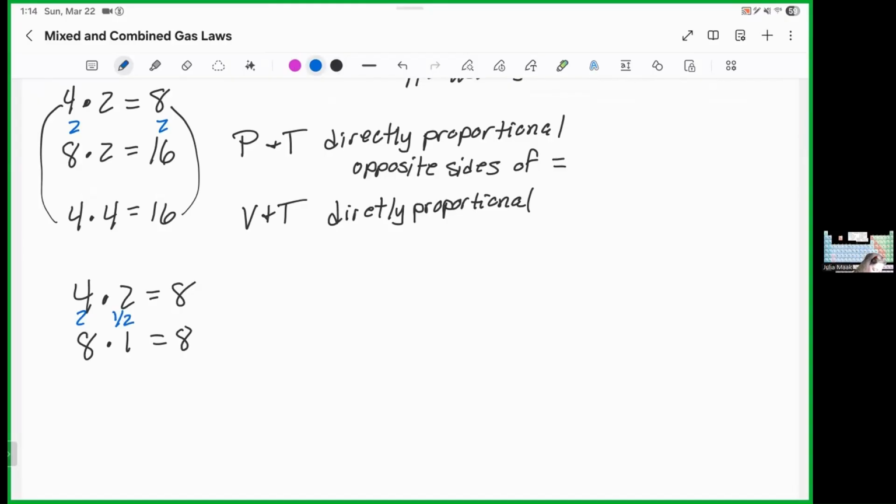Those are inversely proportional. Pressure and volume are inversely proportional, because they are on the same side of the equal sign. This one up here, opposite.